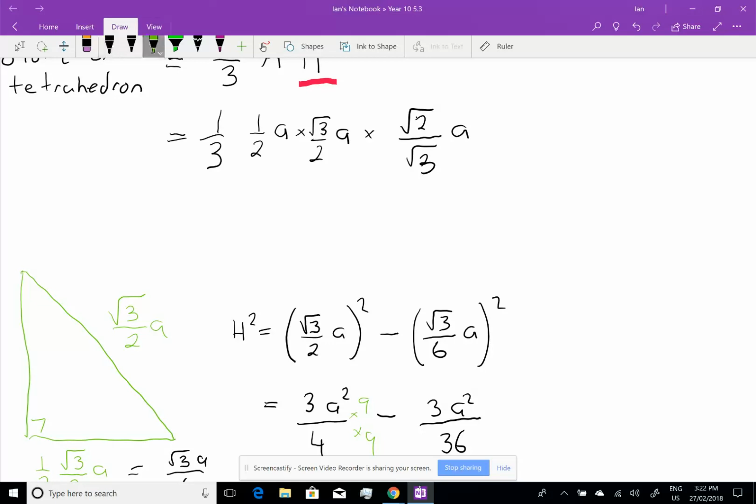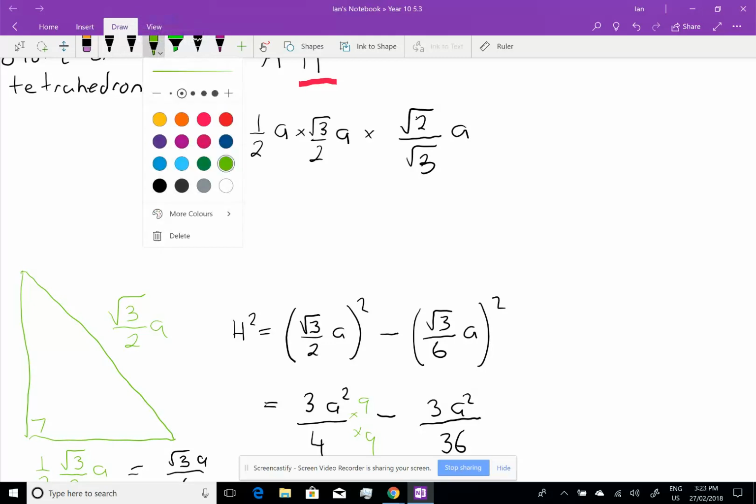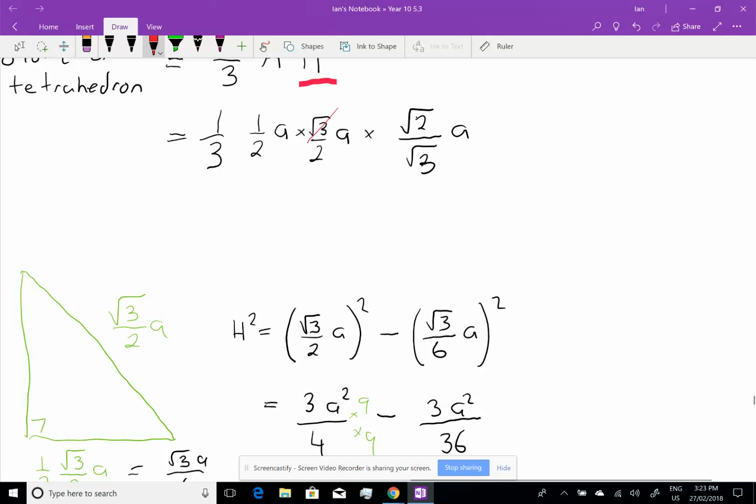I'm lucky because I can cancel some things. I can cancel the root 3's. And I'm going to get, as my answer, root 2 a cubed, three times 2 times 2 is 12.